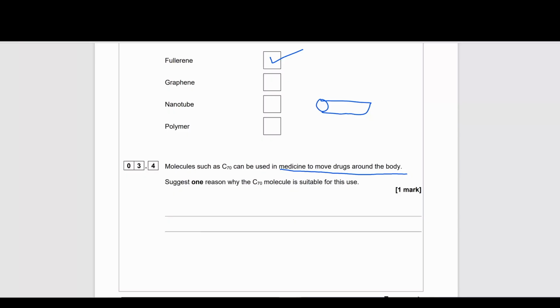Well, if it's going to move around the body, maybe traveling in the blood, reaching cells, we definitely don't want this fullerene molecule to be causing more damage to our body. So one of the properties that we would want for our C70 is to be non-toxic.